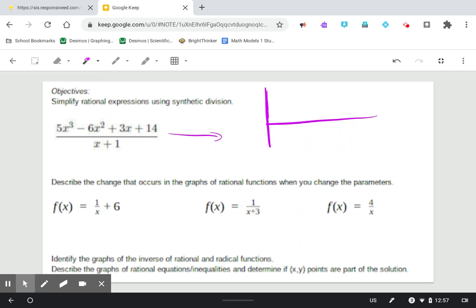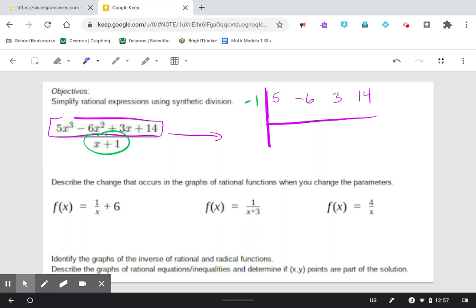And we are going to have in the top the coefficients of the numerator: 5, -6, 3, and 14. And then outside, we are going to write the 0 of that denominator term, which in this case is -1. Again, I say the 0 because you need to write what makes that 0. So -1 plus 1 is 0.